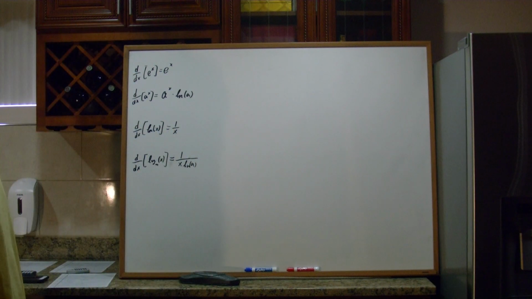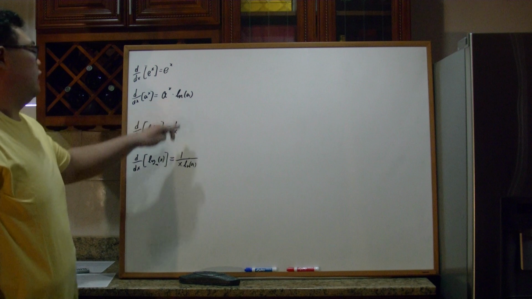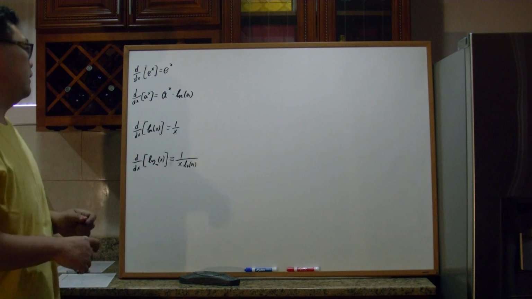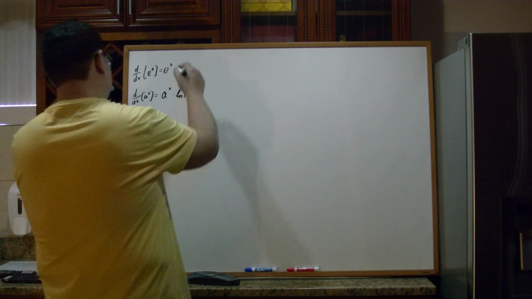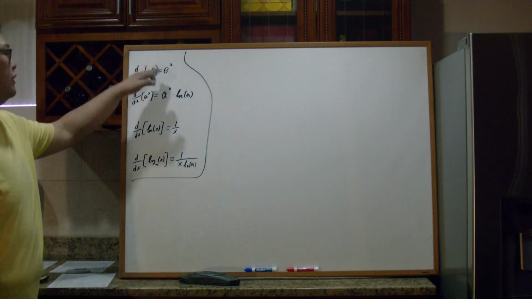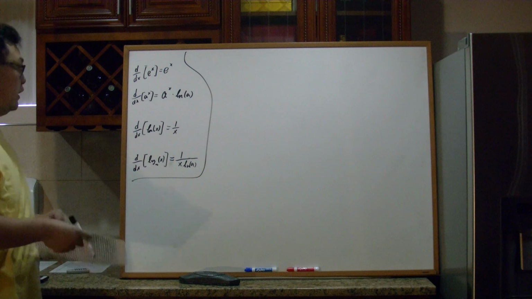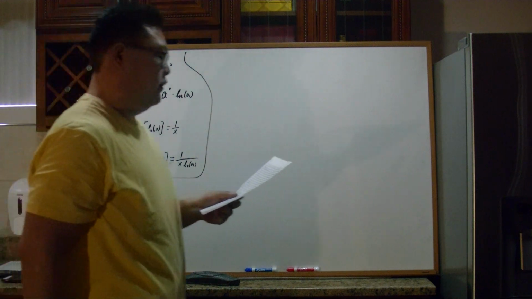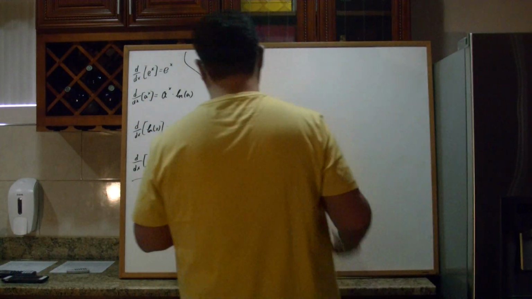So when we observe the formulas, they just have an additional coefficient next to them, which is just the general form of the exponential function and logarithmic function.